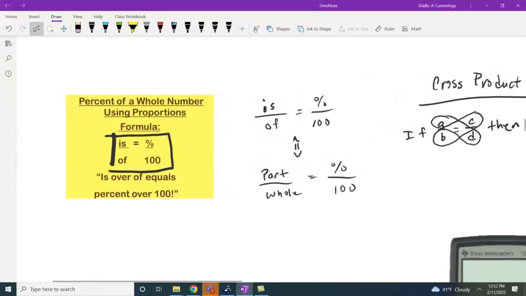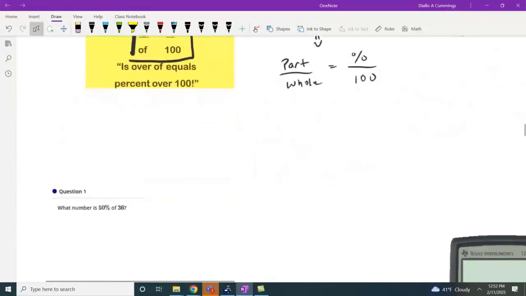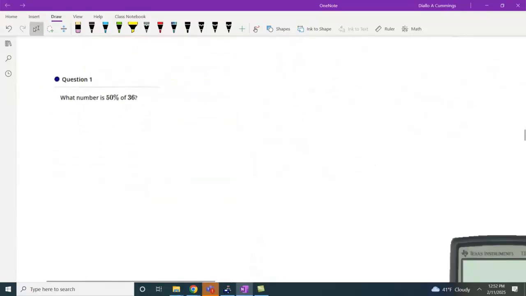All right, so let's take a look at some examples. Here's the first one, and it says: what number is 50% of 36? I'm just going to write that percent equation again, which is is over of is equal to percent over 100. As I read through this, it says what number is, so that's our unknown.